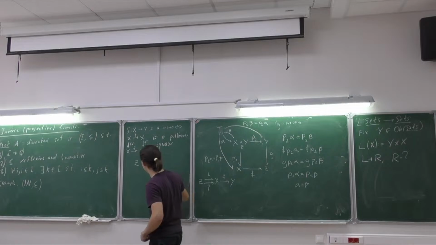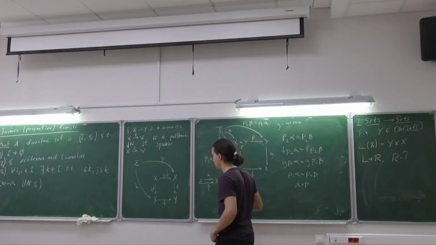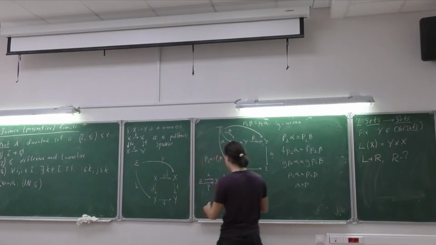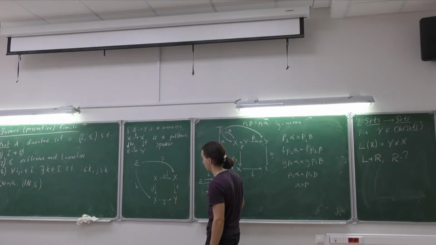Let's draw the map alpha here, the map beta here, and we see that the square is now commutative, exactly because composition with f equalizes alpha and beta.